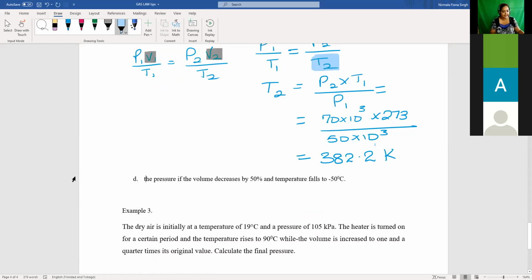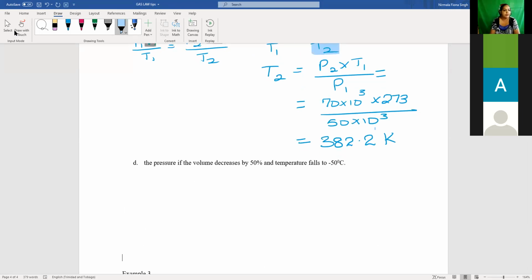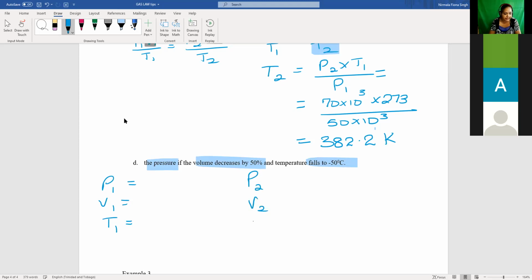They've asked us to calculate the pressure if the volume decreases by 50% and the temperature falls to minus 50 degrees Celsius. So we already have our P1, V1, T1. You already have that written down, so I'm not going to write it over. All right, so let's see, we have our P2, our V2, and our T2. So let's see what they want.